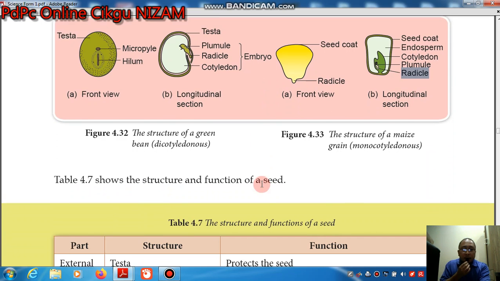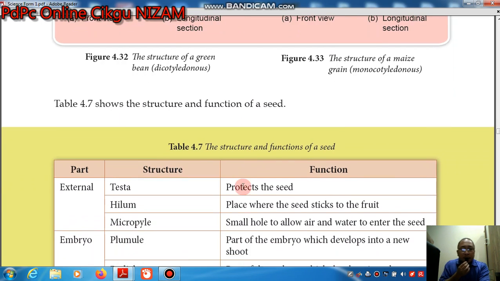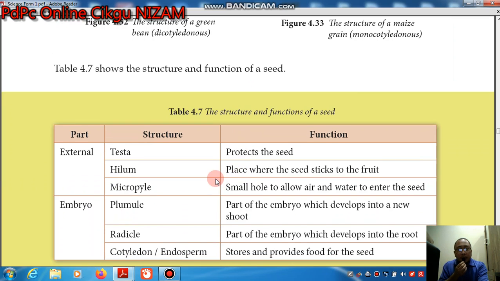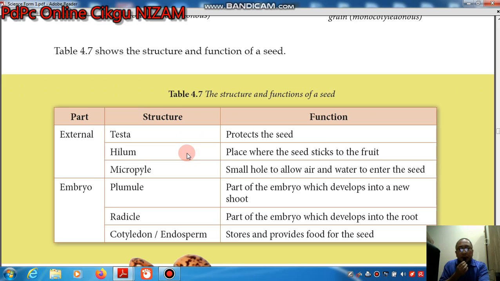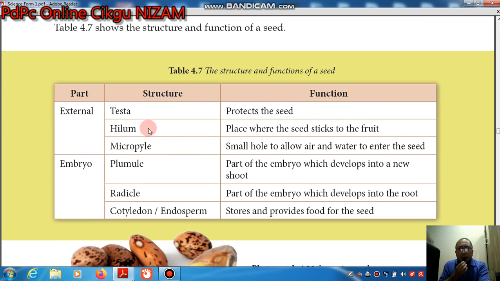What you have to know next is the function of each structure of the seed. The first one is testa, which protects the seed. Hilum is the place where the seed sticks to the fruit. Micropyle is a small hole to allow air and water to enter the seed.